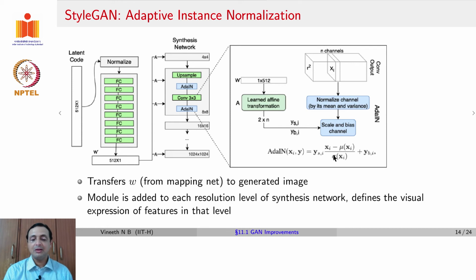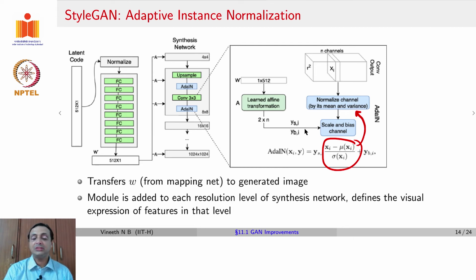You can see here that this now becomes x_i minus mu of x_i, which is normalization with respect to mean and variance. So this quantity on the inside corresponds to subtraction by mean and division by standard deviation. It is multiplied then by y_s,i, which is a scaling value obtained as an output of the affine transformation A, and then biased by y_b,i, which is also the output of the affine transformation.